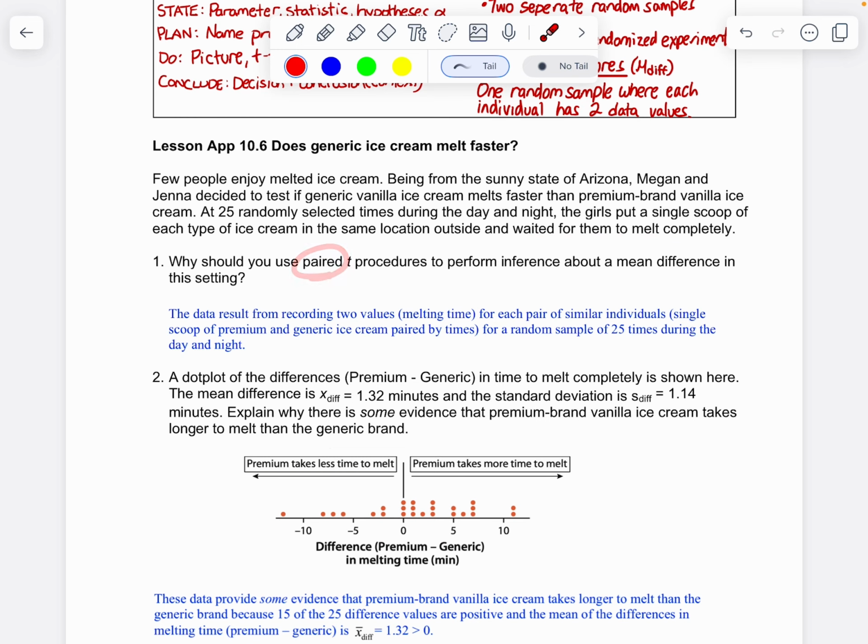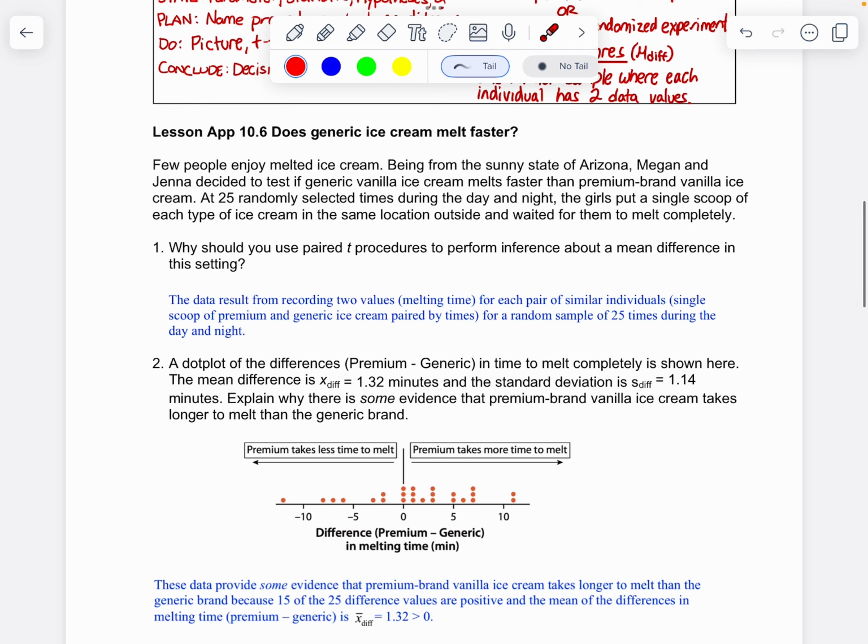Why is that? Because the data comes from two values for each individual. You're like, what the heck is an individual? We're talking about ice cream. Right now, the individuals are the times. So each time of day contributes 2 data points.